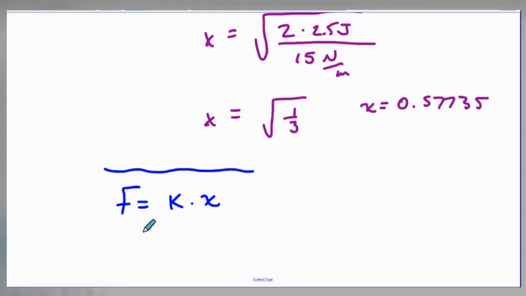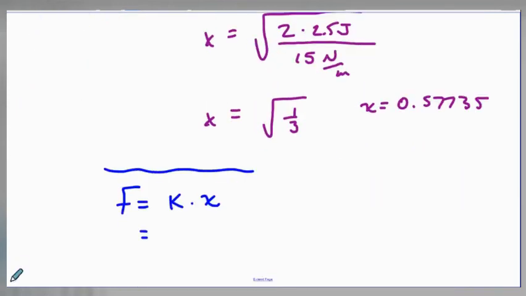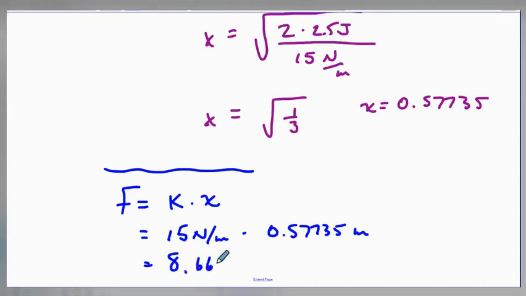Once again, we had the K way back here. K was 15. So 15 newtons per meter times 0.57735 meters. And all that, I have an answer of 8.66 newtons of force.